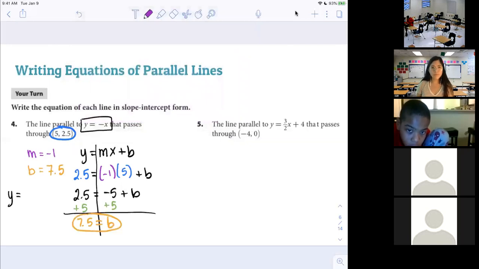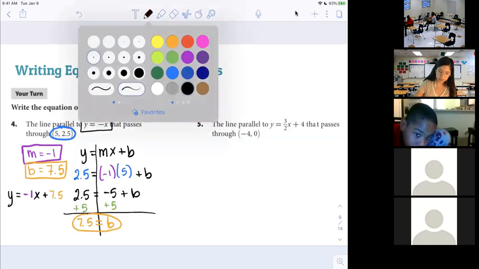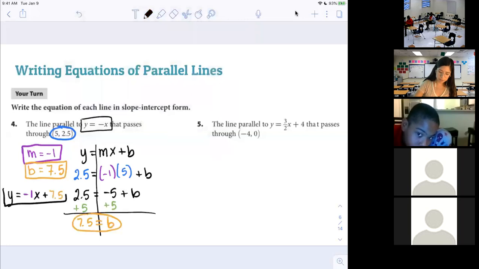Oh, it's right there, -5. But I'm so dumb, bro. Jalen, what does this say? Oh, -1x. Okay. Slope is -1. I put my x, and what's my b? 7.5. Guys, it's that easy.